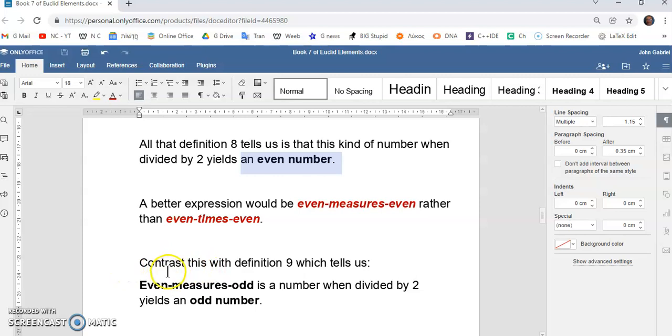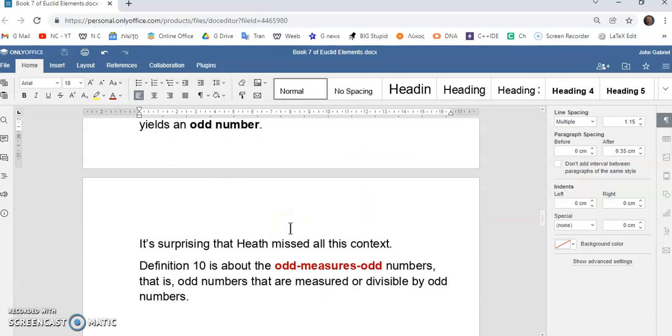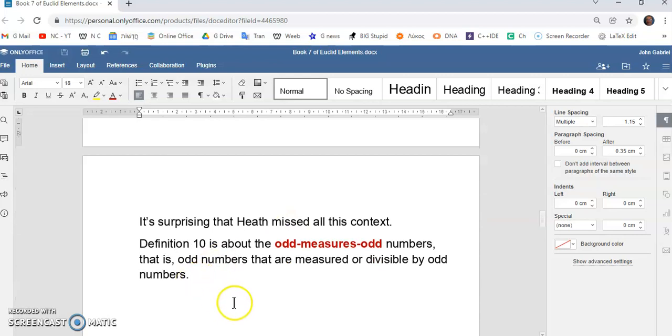So contrast definition 8 with definition 9, which tells us even measures odd is a number that when divided by 2 yields an odd number, okay? So it's surprising that Heath missed all this context. And of course, definition 10 is about odd measures odd, that is, odd numbers that are measured or divisible by odd numbers.